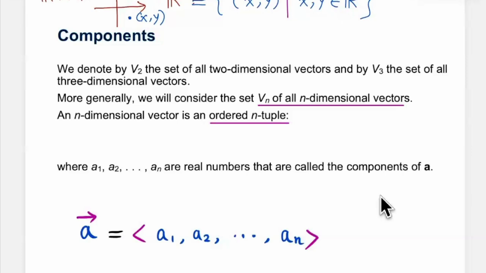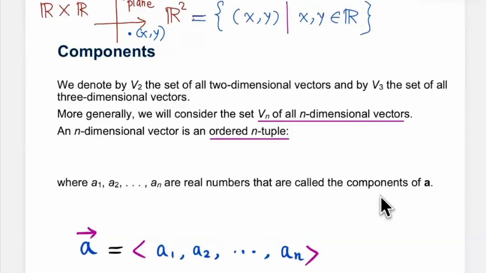Now, another notation here is called V2. So what is V2? What's the difference between R2 and V2? R2 is the two-dimensional plane, right? The element will be the point. Then V2 will be, take a guess. V stands for vector.